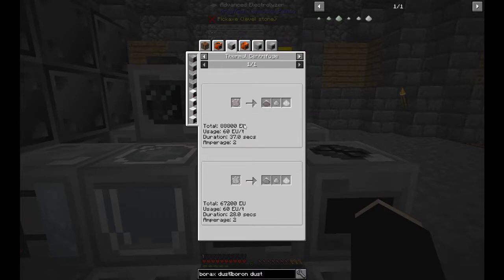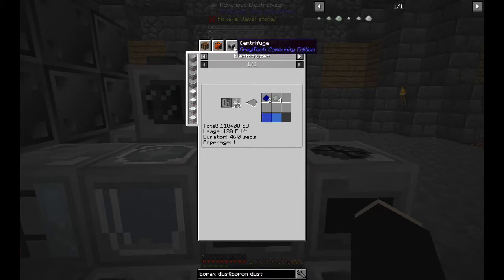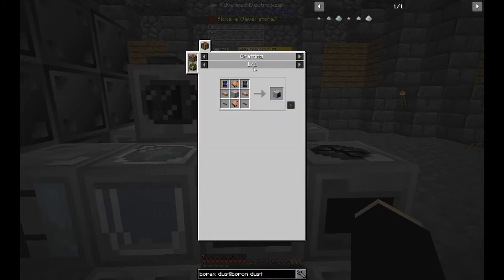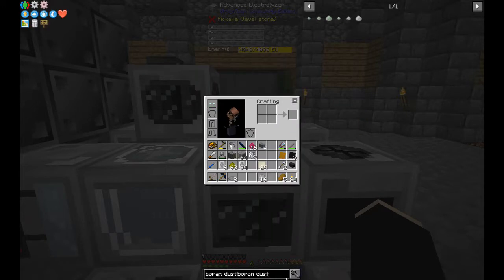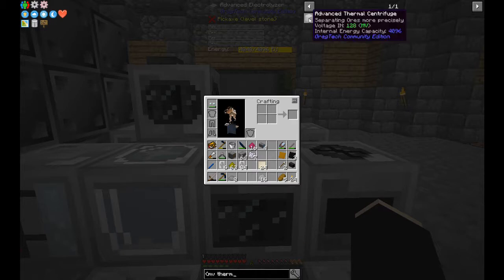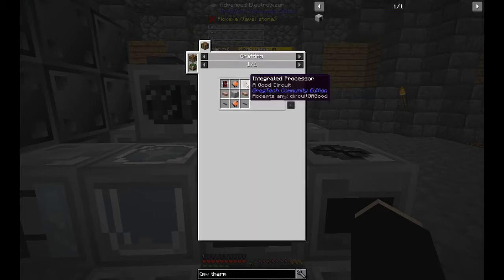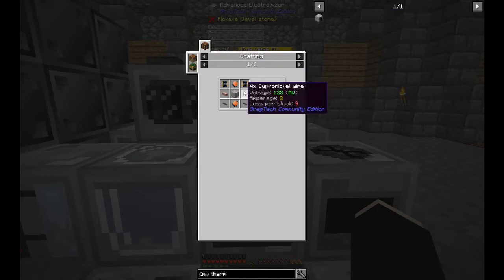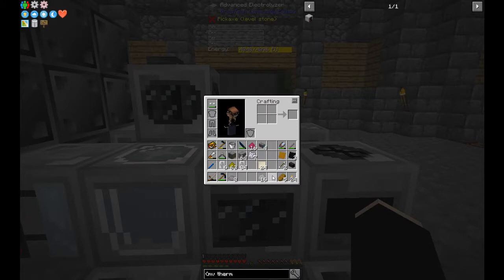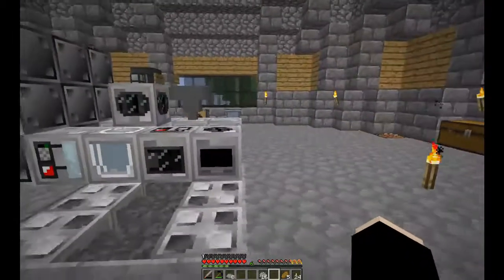So we need the thermal centrifuge with purified rock salt to get borax, so that we can electrolyze that to get boron. Yeah, you would expect that should be the progression line.